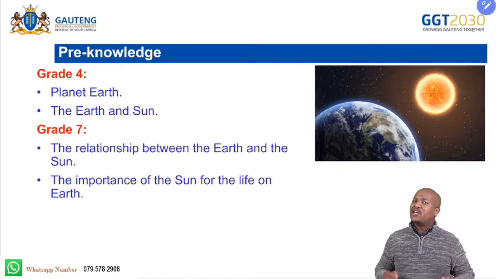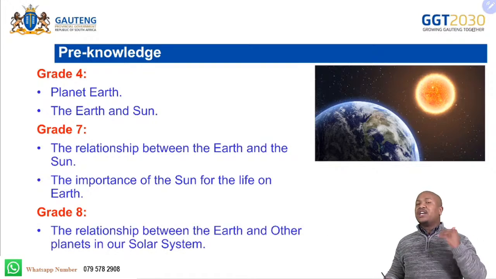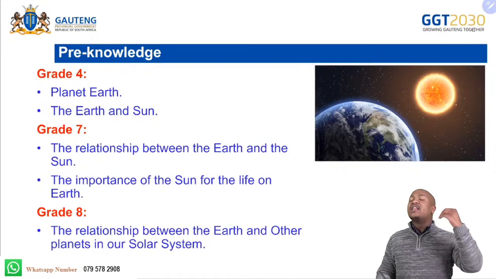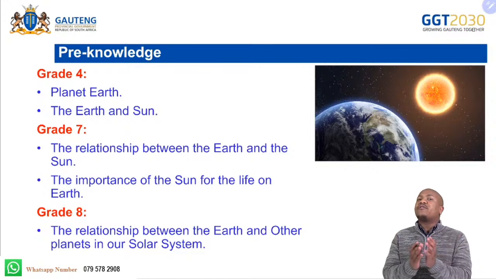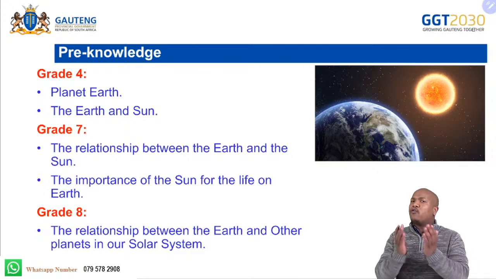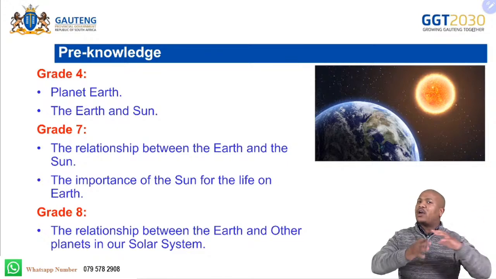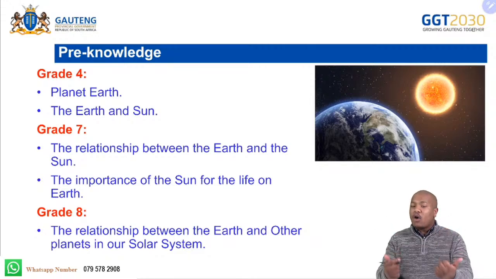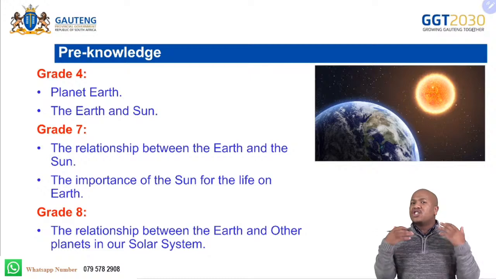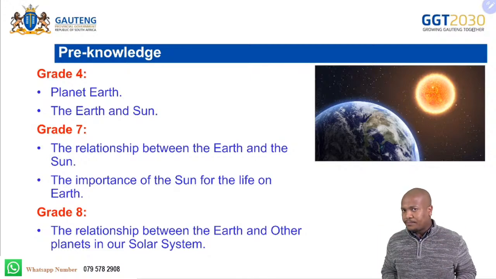Then in grade 8, the previous grade, we looked at the relationship between the Earth and other planets in our solar system. Those are all the topics that lay a foundation for today's topic. If you bring all that knowledge back and encompass it with today's knowledge, you'll be able to come up with a proper understanding of the solar system and also the four spheres of the Earth.